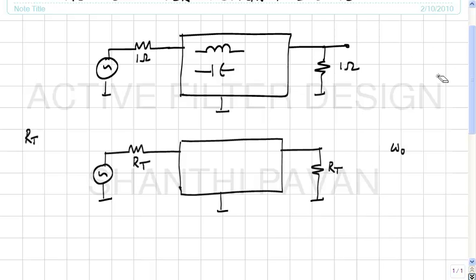So I'll say here the cutoff frequency is 1 radian per second, whereas in a practical application you may want the cutoff to be some omega naught radians per second. So given that you know this network, how will I choose the component values in this network?